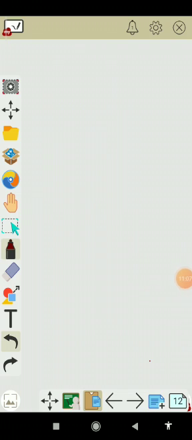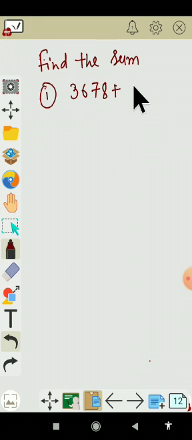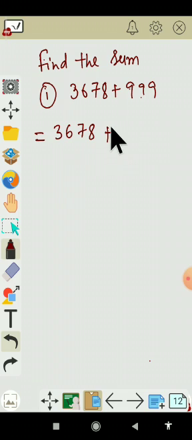So now we will use the associative property for a given sum. Suppose the question is to find the sum of 3678 plus 999. We can write 3678 plus (1000 minus 1).